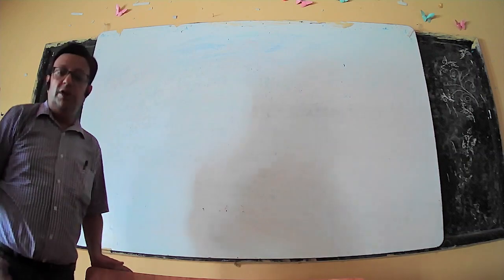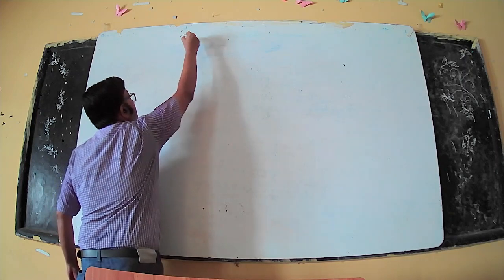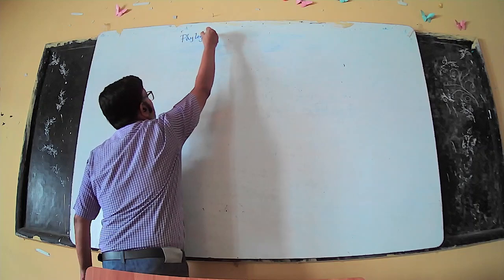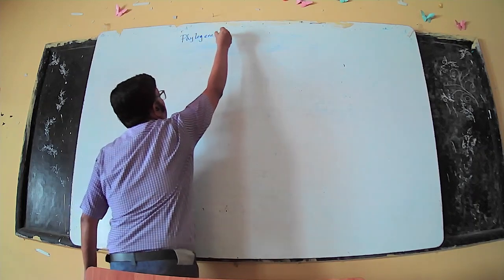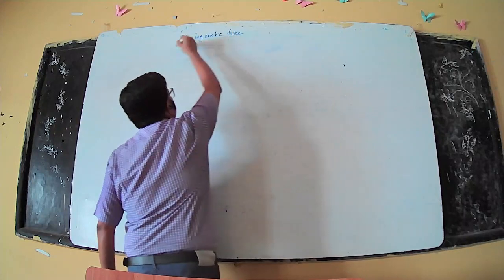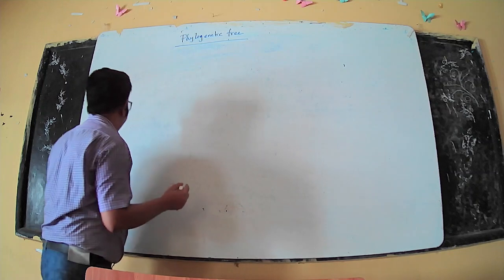Now let us look at a structure of a phylogenetic tree. Let us have 5 species.